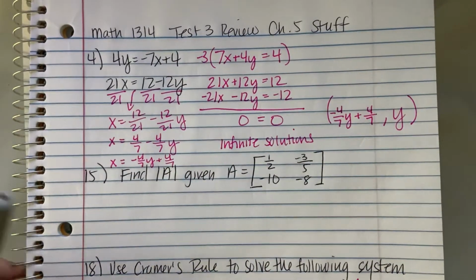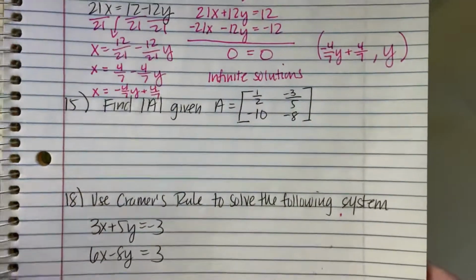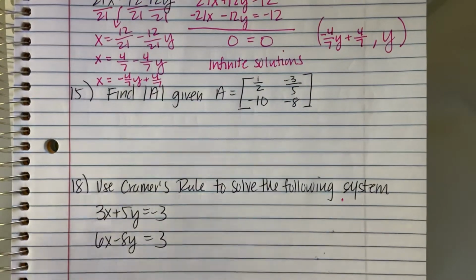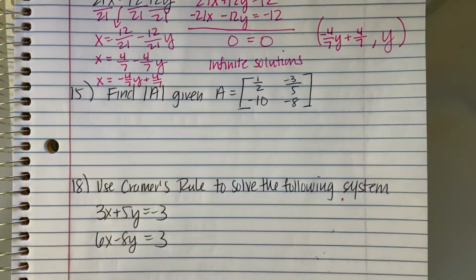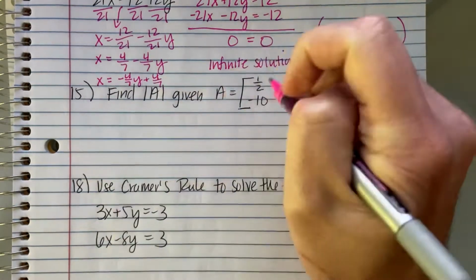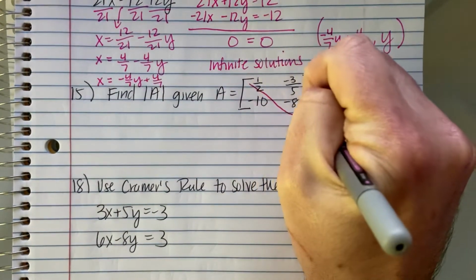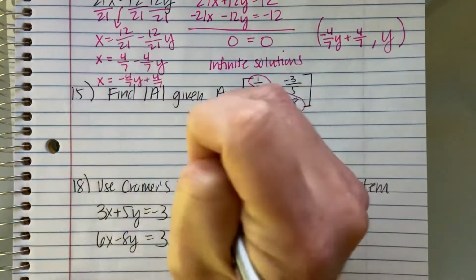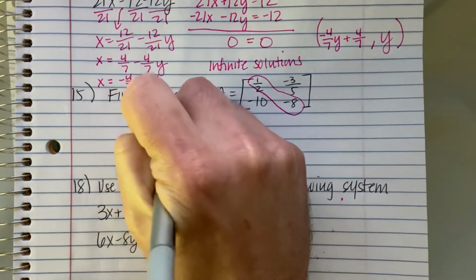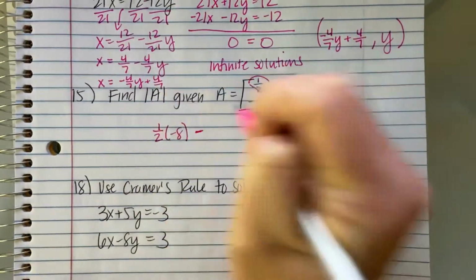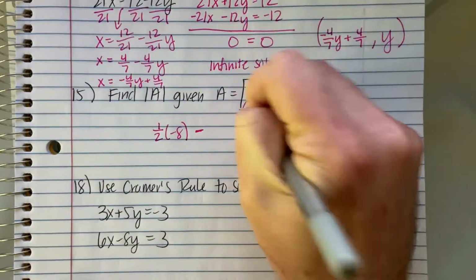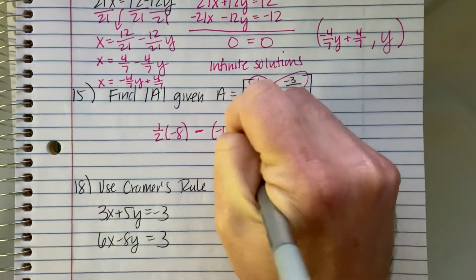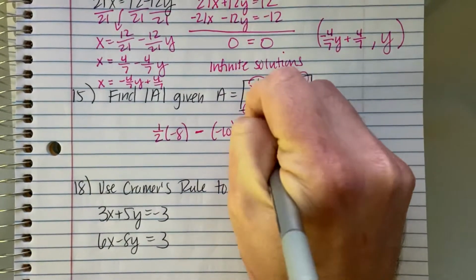Now, besides systems of equations, we also had matrices. So when it says find what looks like an absolute value, this is really the determinant of the matrix. Remember, the determinant of a 2x2 is the top left to bottom right diagonal first, so 1/2 times -8 minus the other diagonal, -10 times -3/5.